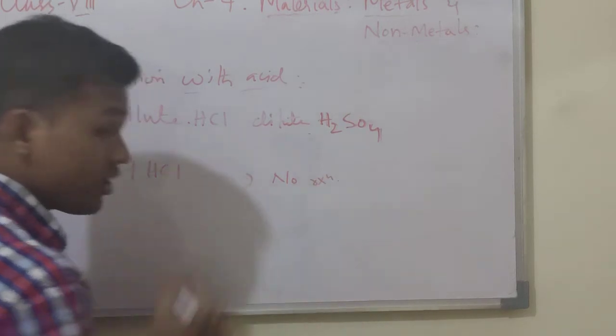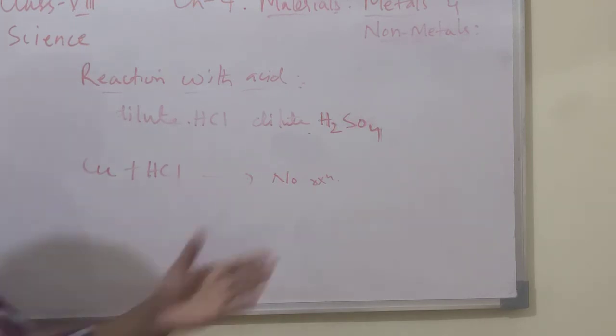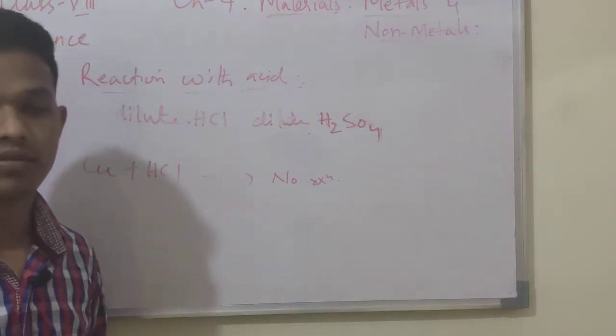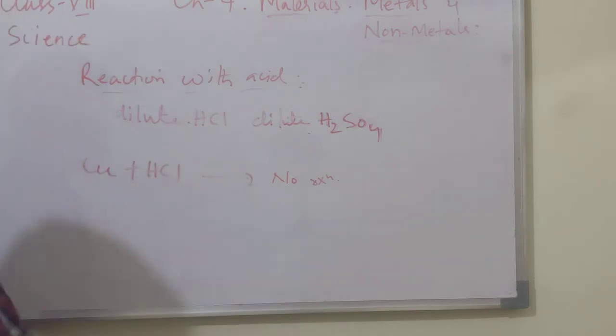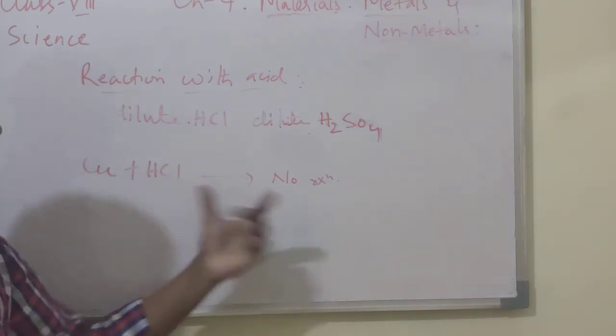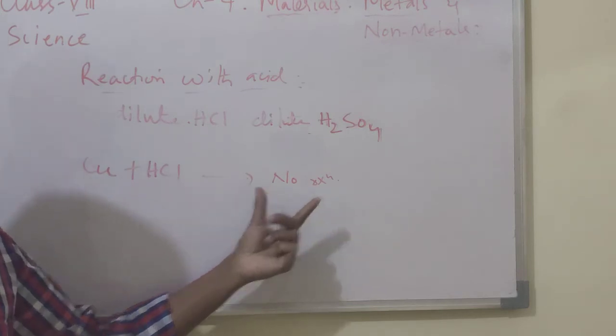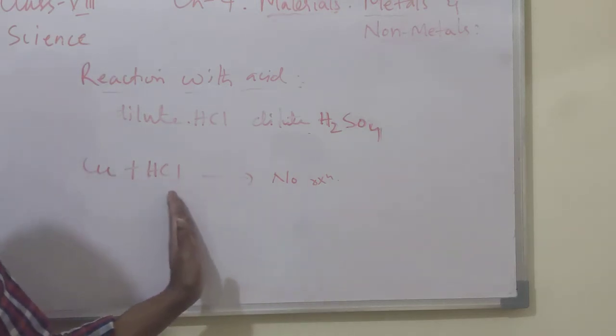But it will react with sulfuric acid to give copper sulfate and water. Copper will not react with HCl because copper is very less reactive in the reactivity series. So it gives no reaction with HCl, but with sulfuric acid it will react.